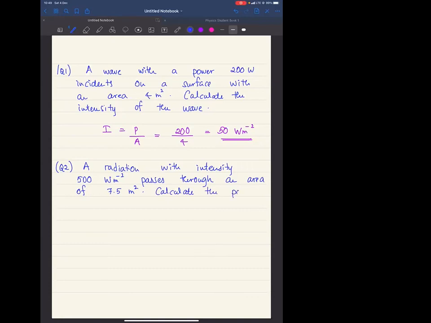Calculate the power passing through the area.